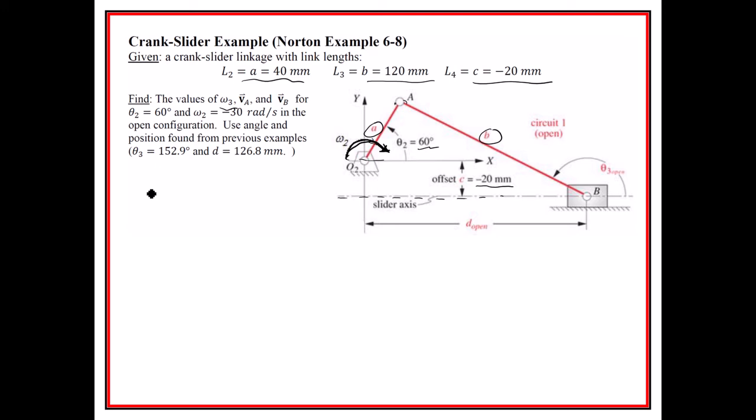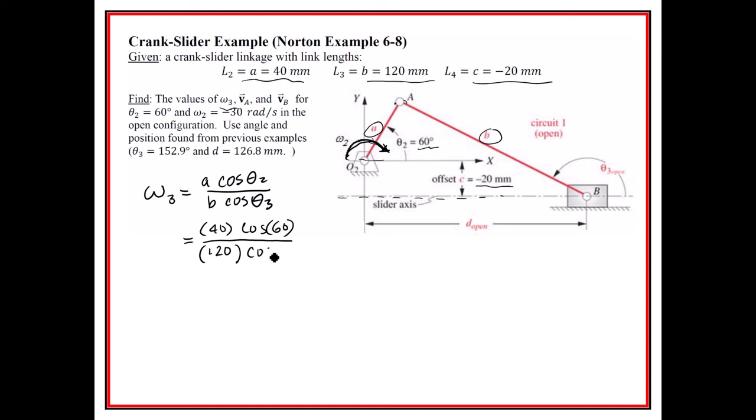So we take the equation for omega 3, where we have A times the cosine of theta 2 divided by B times the cosine of theta 3. And so that's going to be A is 40, cosine theta 2 is going to be 60 degrees, and B is going to be 120.